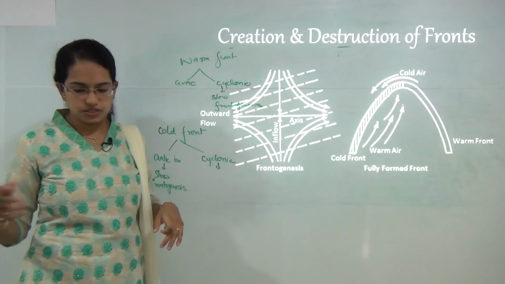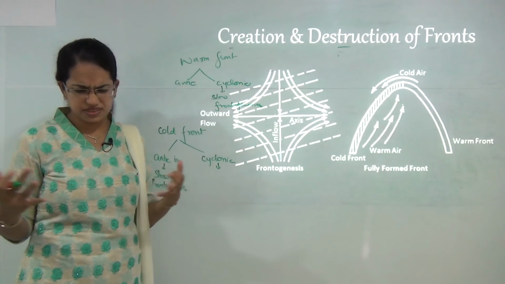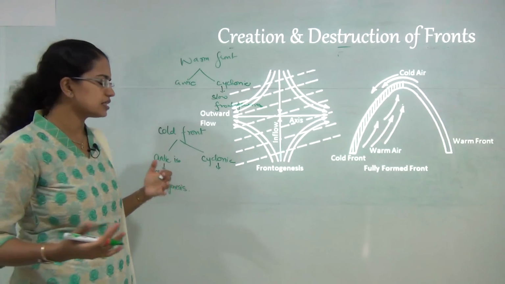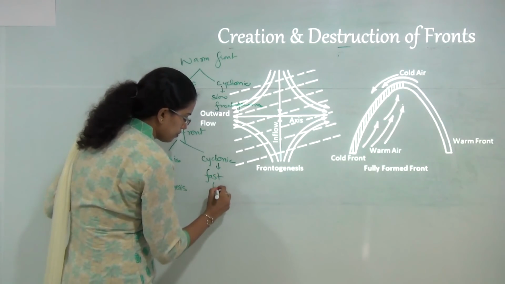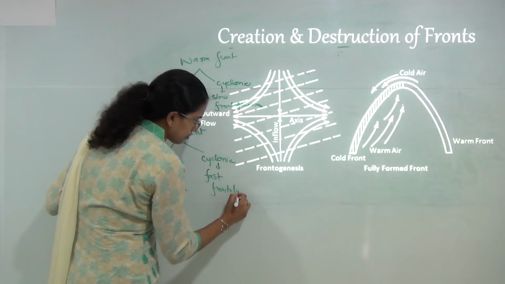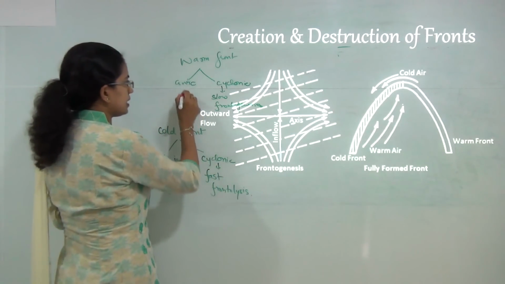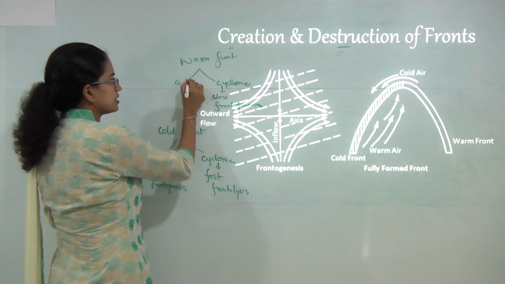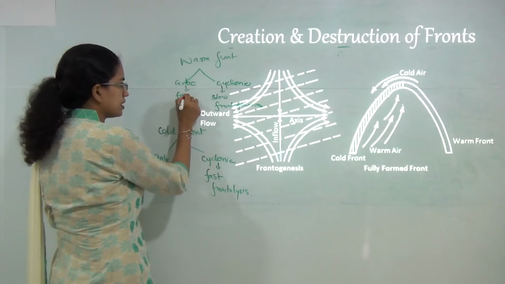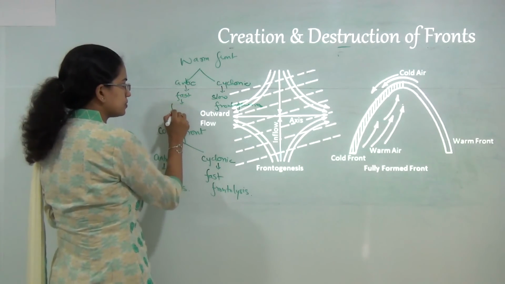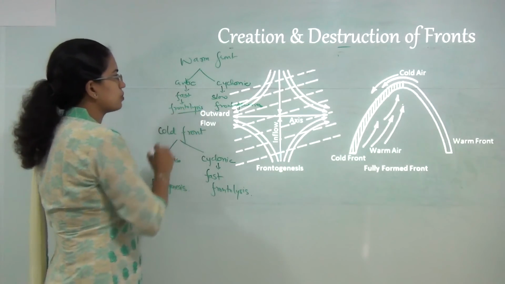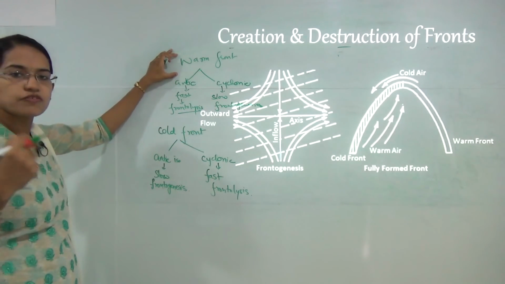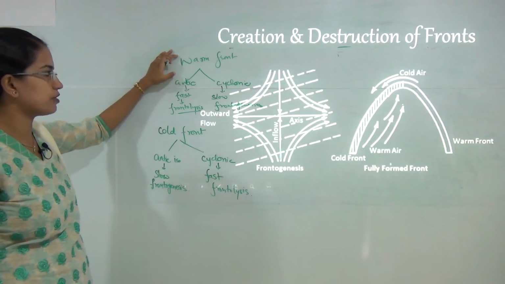There would be fast moving fronts, and these fast moving fronts would ultimately lead to frontolysis or destruction of the front. And similarly here, anticyclonic conditions would lead to fast moving fronts, and that would again lead to destruction of the front or frontolysis. So this is how we can detect the front formations.